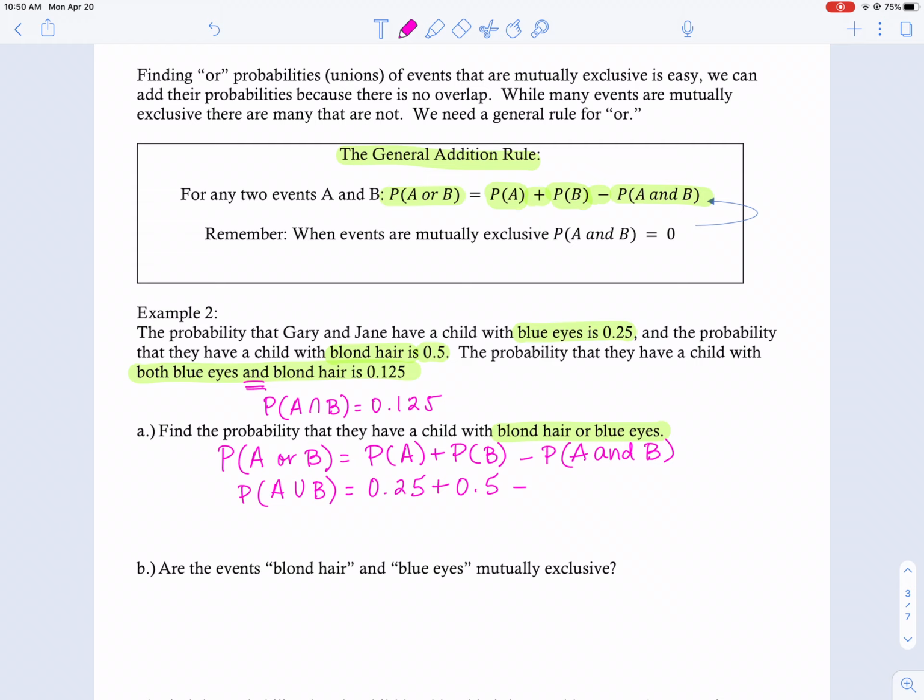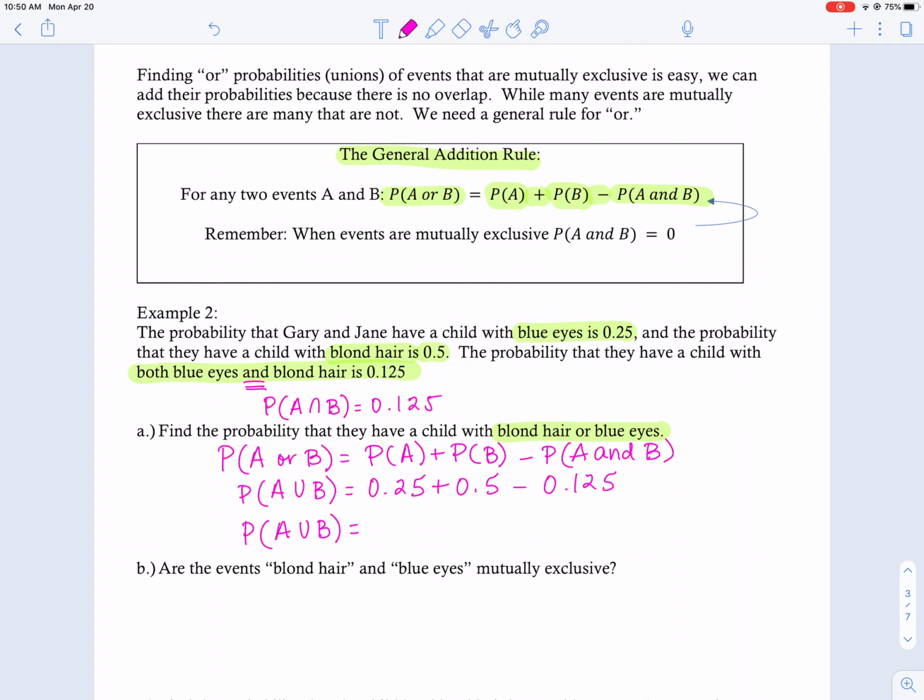And then we're going to subtract out the probability of blonde hair and blue eyes, which was 0.125. Okay, so that's going to give us our probability of blue eyes or blonde hair.